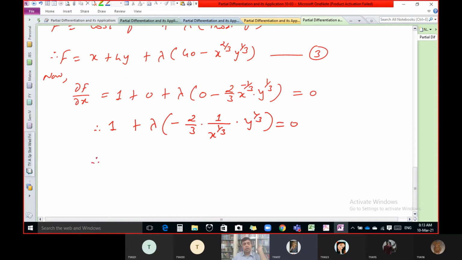So what we get ultimately? 1, this plus minus minus lambda into, here in numerator 2 into 1 into y raised to 1 by 3.